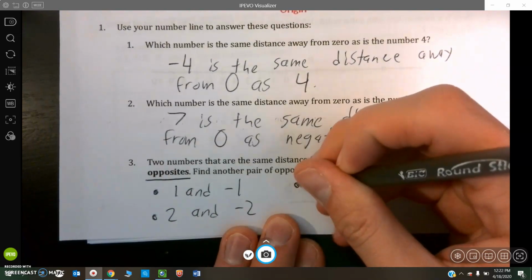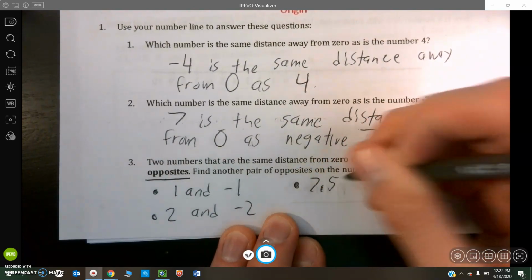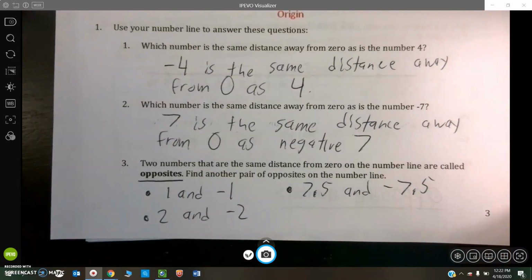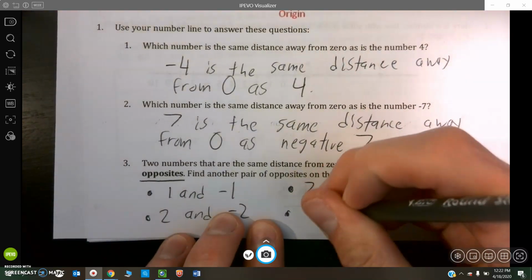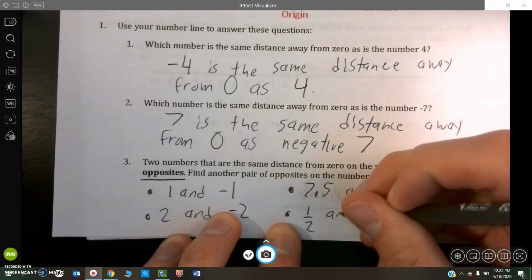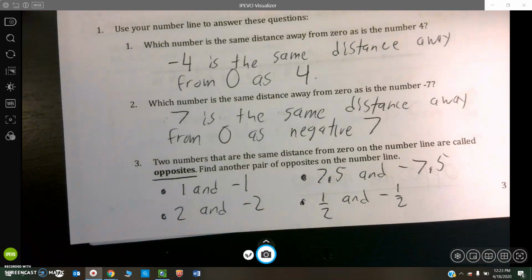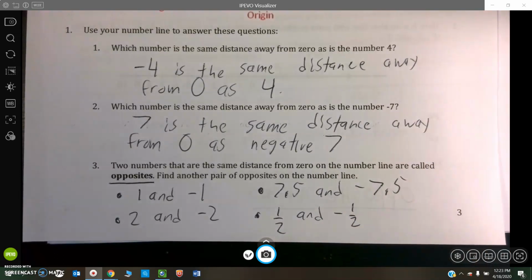We could also do 7.5 and -7.5. Those are also opposite numbers. Or 1/2 and -1/2 are opposite numbers. They don't just have to be whole numbers. You can also have mixed numbers or decimals or fractions and still have opposite numbers.